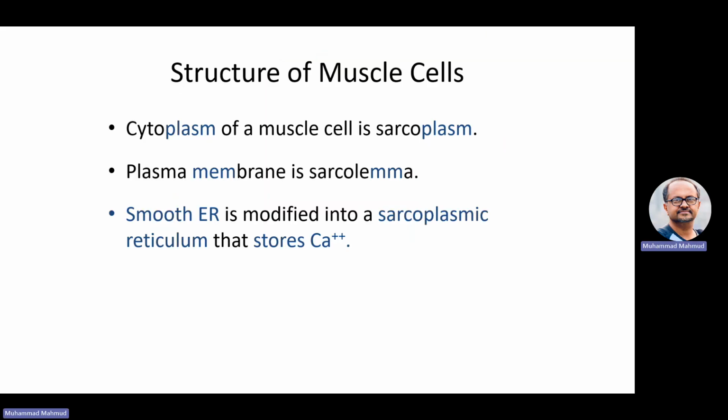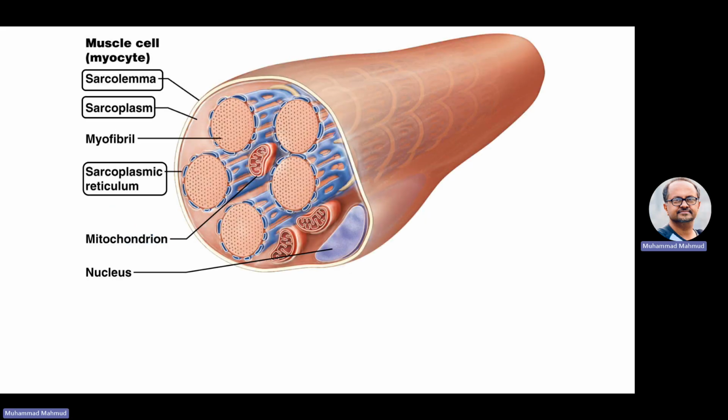The cytoplasm is called sarcoplasm. And a smooth endoplasmic reticulum in muscle is called sarcoplasmic reticulum. It's a bit modified and it stores calcium. Right? So those are the words sarcolemma, sarcoplasm, sarcoplasmic reticulum. These are new to us.